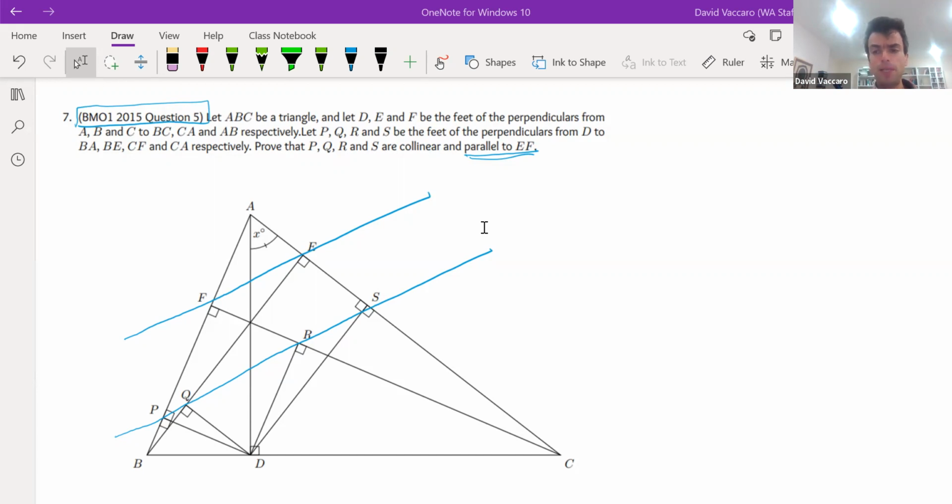Now, the sad thing you're probably saying about this question is, but there aren't any circles. But what there is, is lots of right-angled triangles.